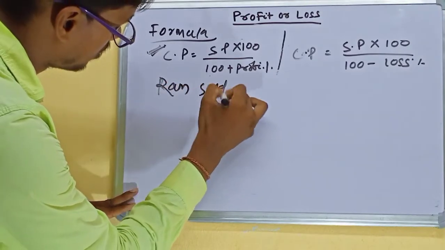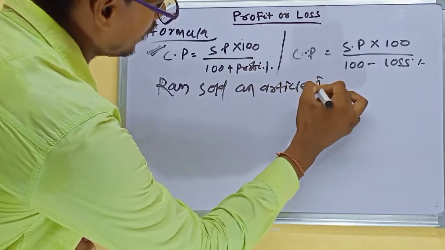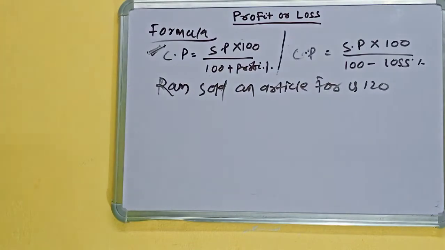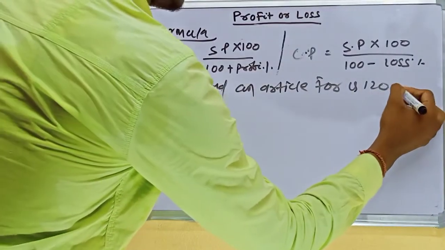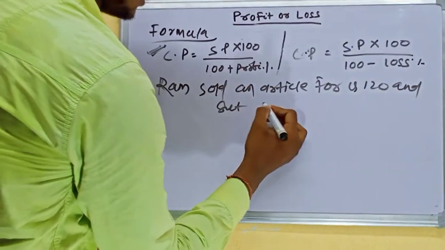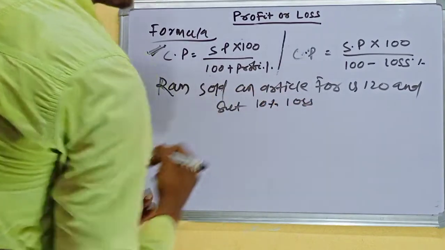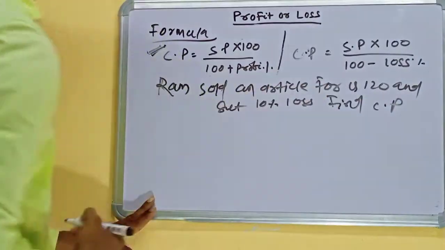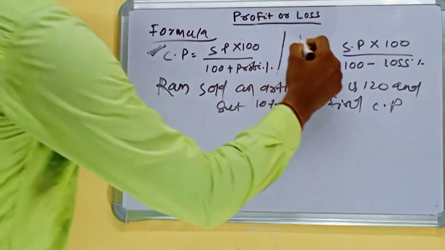Ram sold an article for rupees 120 and got a 10% loss. Then find the CP. In case of loss, we put this formula.